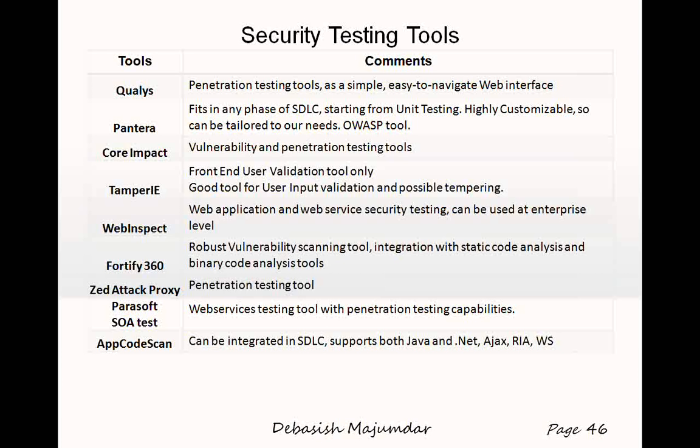COBIT is a vulnerability and penetration testing tool. Tamper we just discussed, and WebInspect also, and Fortify is another one that is integrated with static code analysis and binary code analysis. It can also be used across different servers like the development server, QA server and pre-production server.